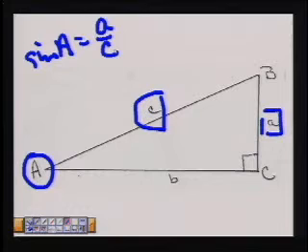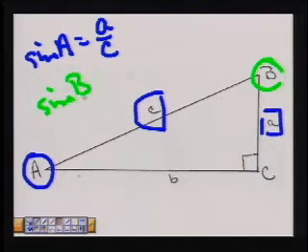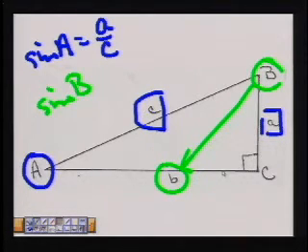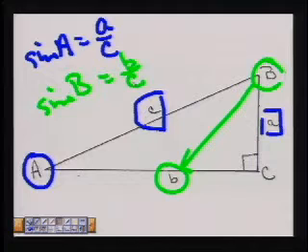We could also say, what happens if I go to angle B? All right, well in angle B, if I have the sine of angle B, that means that b in this case happens to be the opposite value. So we're going to say the sine of B is equal to, again, b divided by c. Now, does that mean that a is always the opposite?